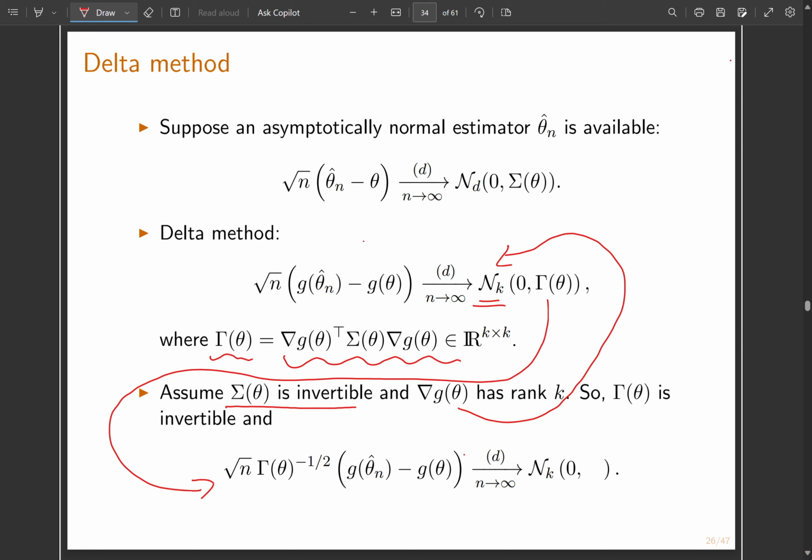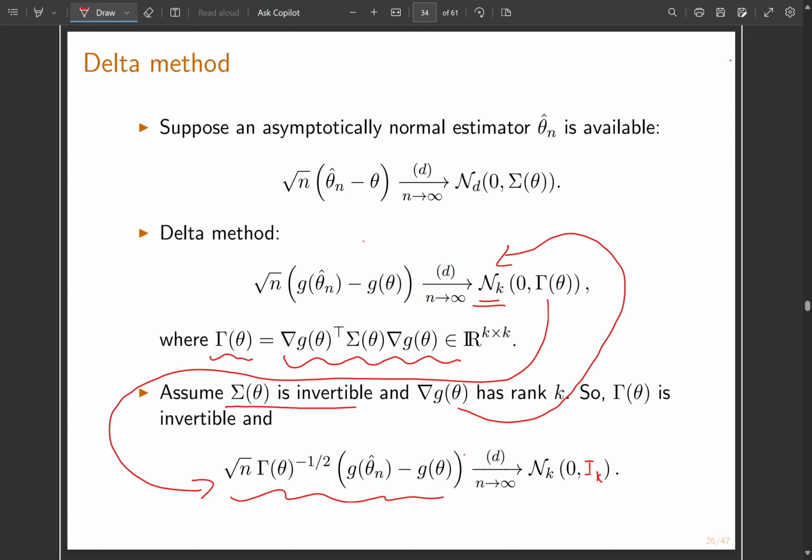This will give us that the whole expression will converge to some standard normal, that is an N of k, with dimension I k, that is, a mean of 0 and a covariance of the identity, and this is the standard normal distribution. And this is what we have done so far.